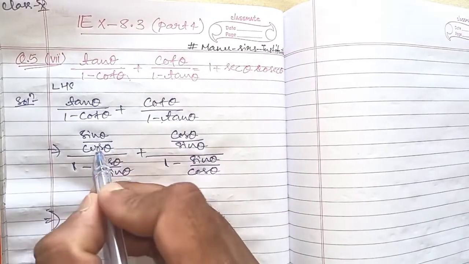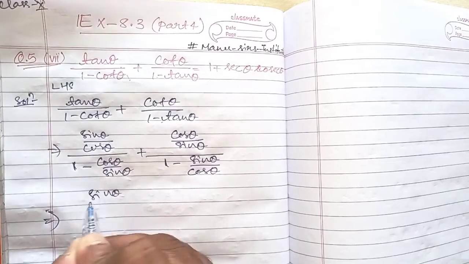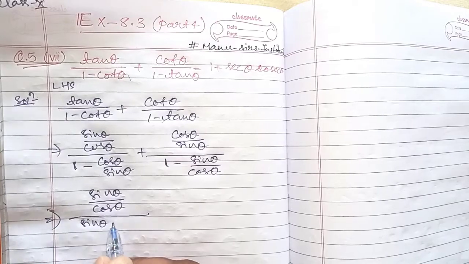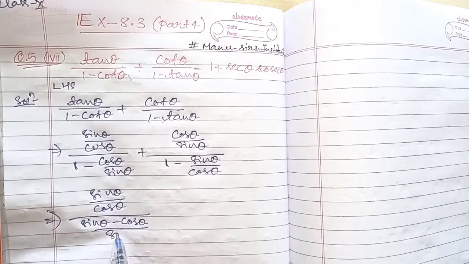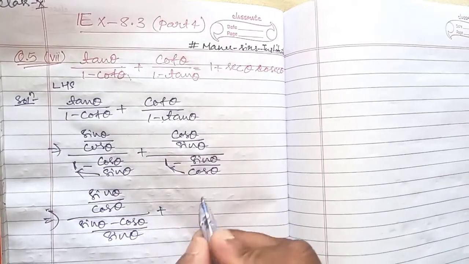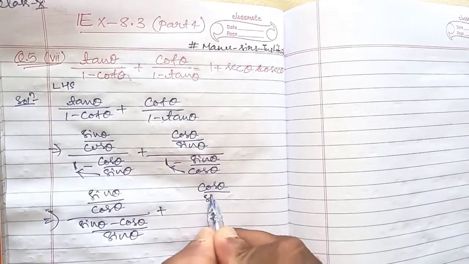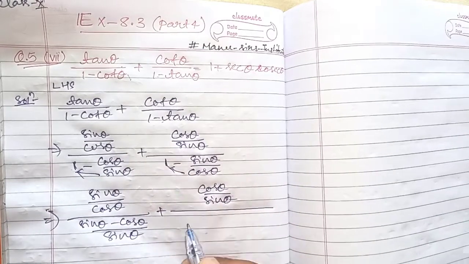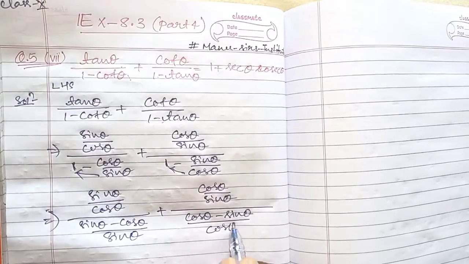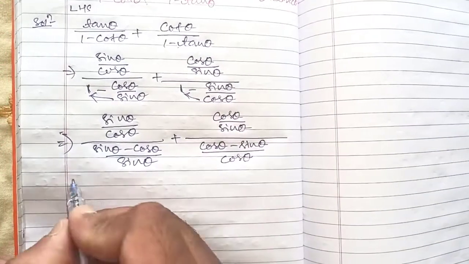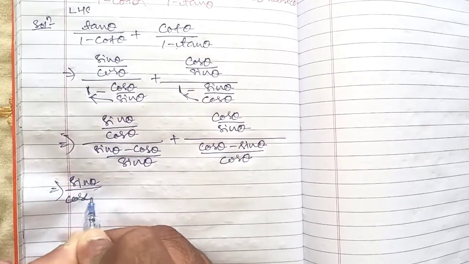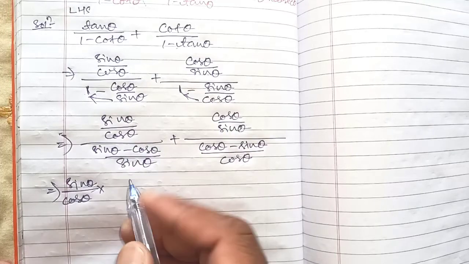Now arrange it properly. Sine theta by cos theta will be as it is. The denominator 1 minus cos theta by sine theta gives sine theta minus cos theta by sine theta. Same we will do for the second term: cos theta by sine theta, whole divided by cos theta minus sine theta divided by cos theta. Write this as it is and multiply by reversing.